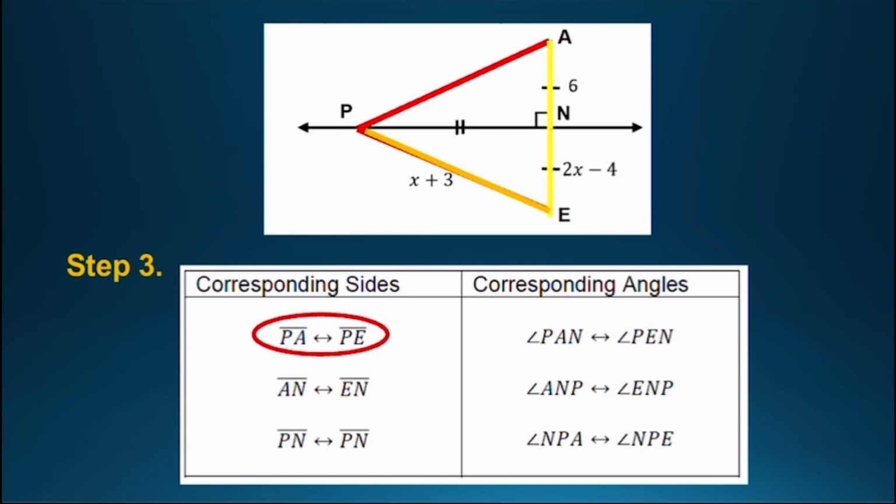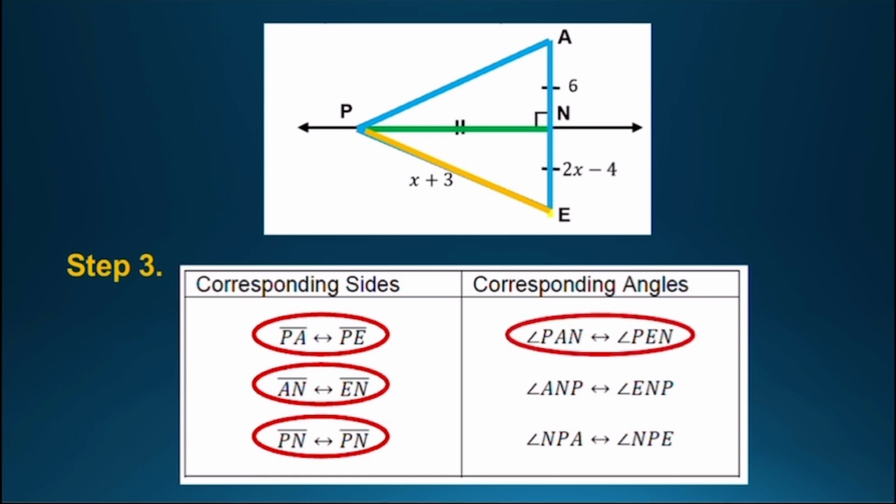And line segment AN is same as line segment EN. And line segment PN is same as line segment PN by reflexive property. And for our corresponding angles, angle PAN is same as angle PEN.